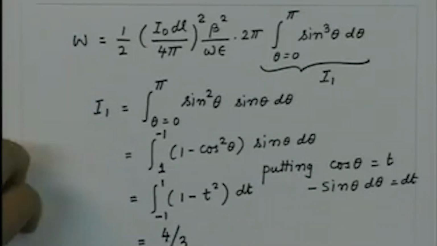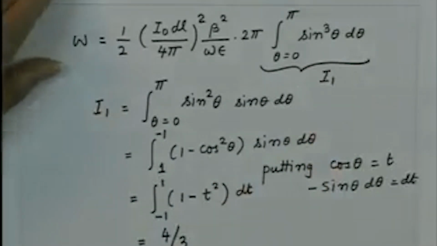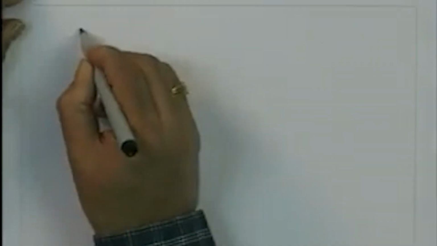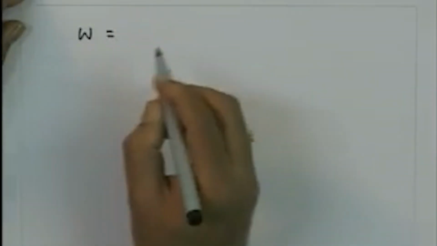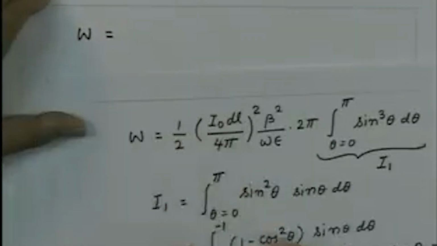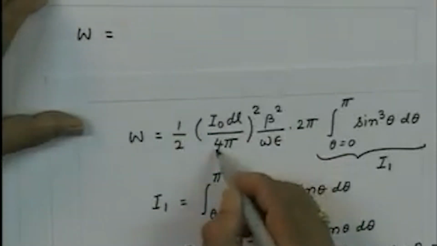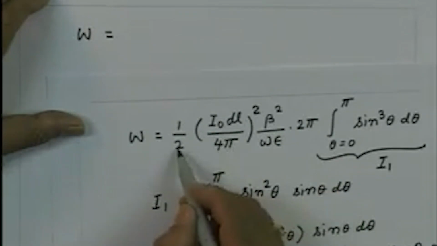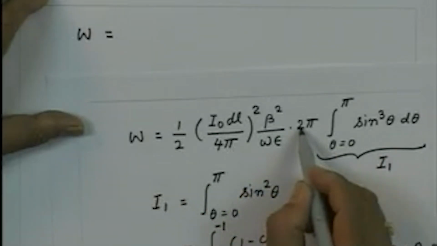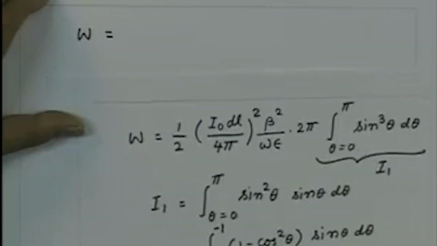So, I can substitute now for the integral value into this expression, and then I get the total power radiated by the Hertz dipole W, that will be equal to, this will give me 16 pi square 2, so 32, which cancels with this 2. So, I will get 16.